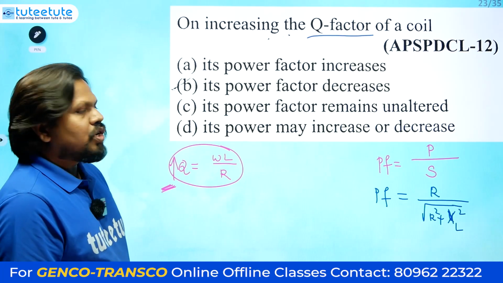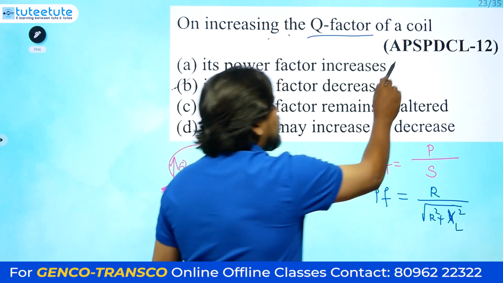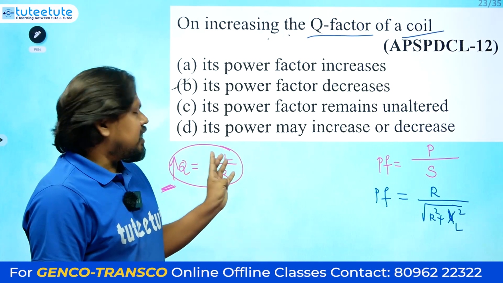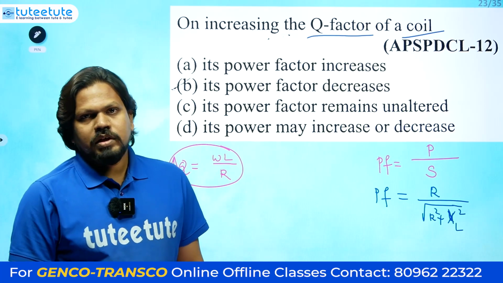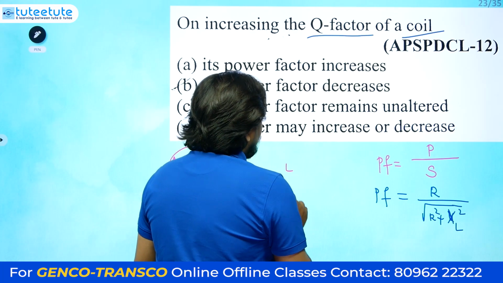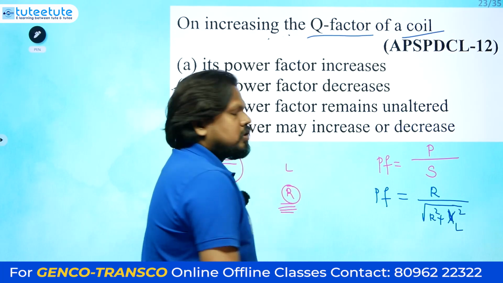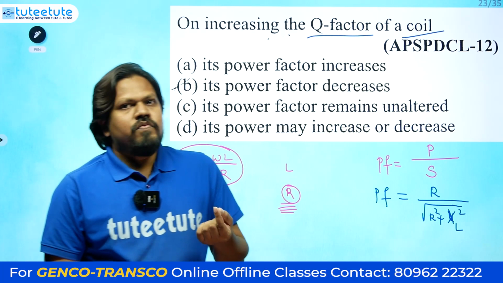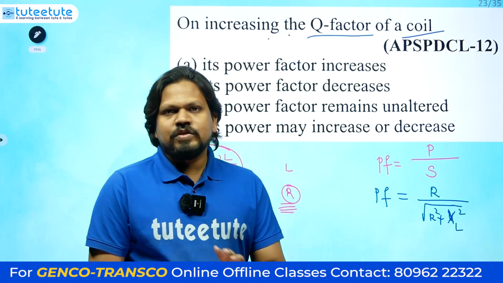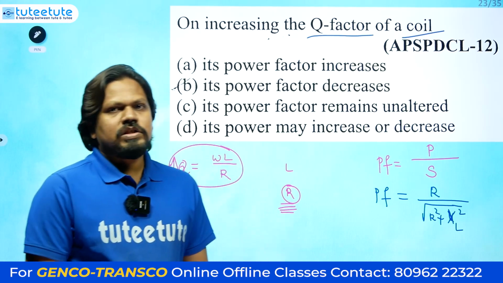Once the design of any coil is completed, the resistance value will not be changed and the inductance value will not be changed. Understanding? The inductance and resistance values, the number of turns and the wire we have used, we are not changing those things. So inductor and resistance values will not be changed, only frequency will be changed.